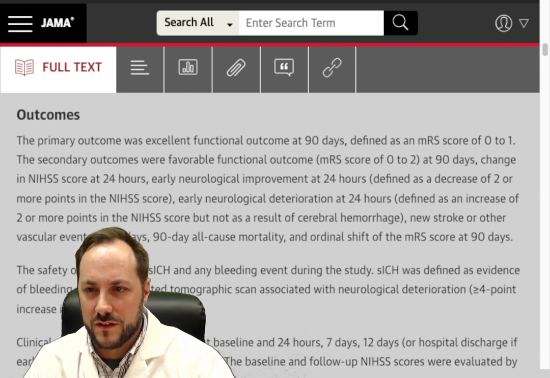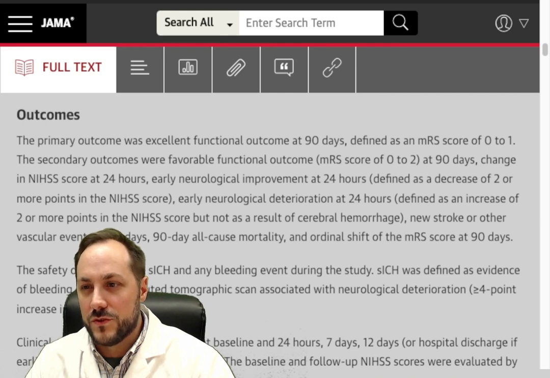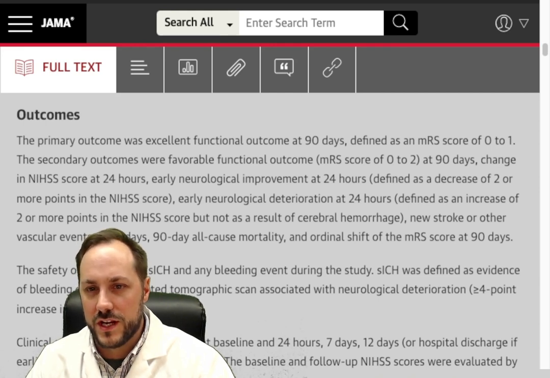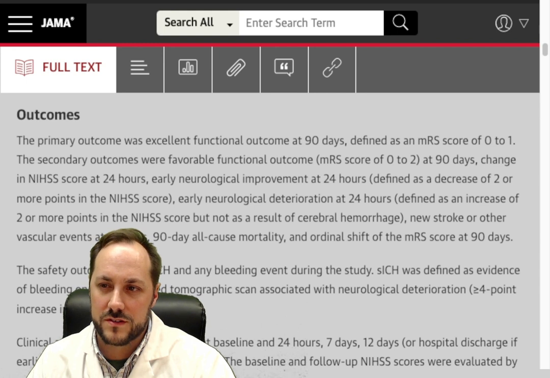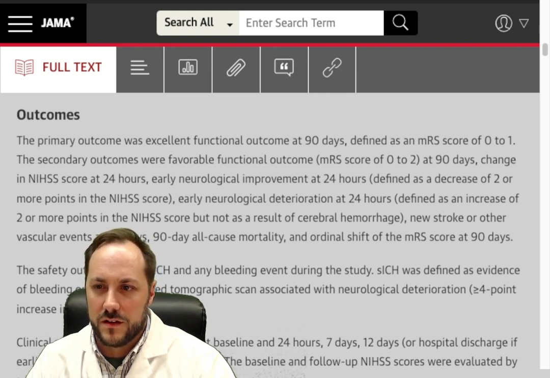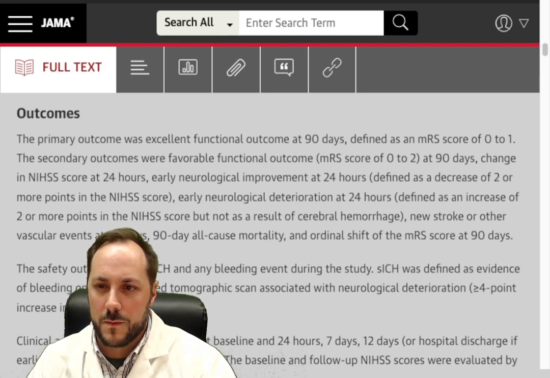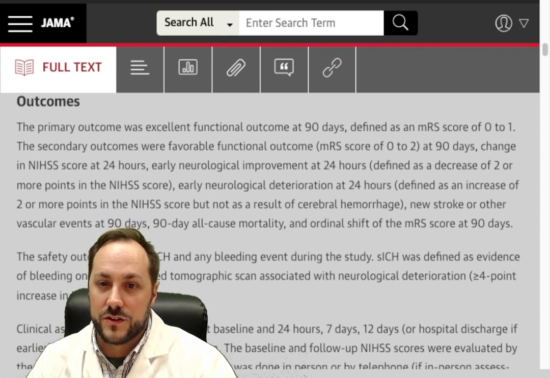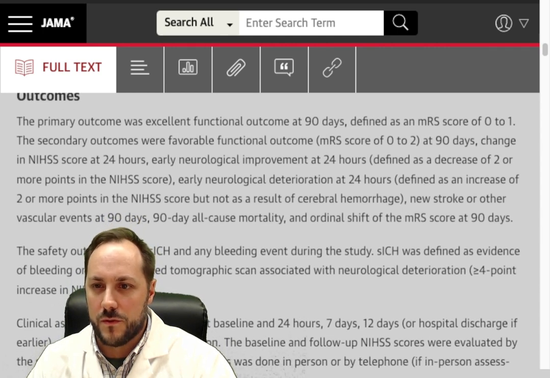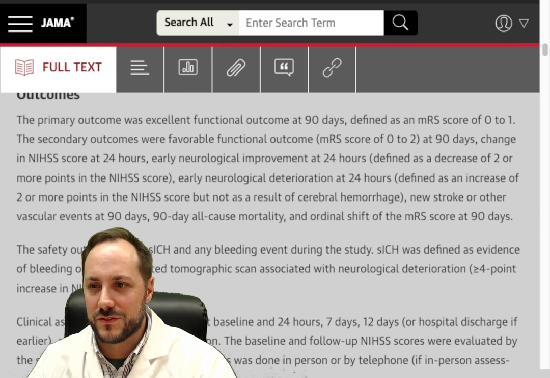Secondary outcomes were 0 to 2 at 90 days, or a change in NIH stroke scale at 24 hours, early neurological improvement at 24 hours, defined as a decrease of 2 or more points on an NIHSS, and early neurological deterioration within 24 hours, defined as an increase of 2 in the NIHSS, but they did exclude cerebral hemorrhage.